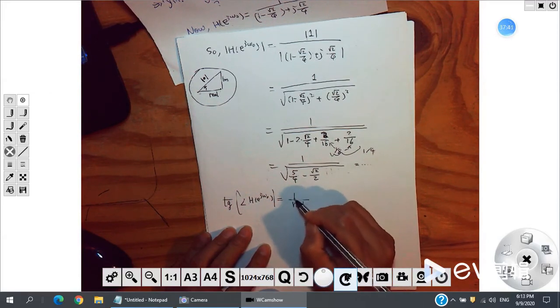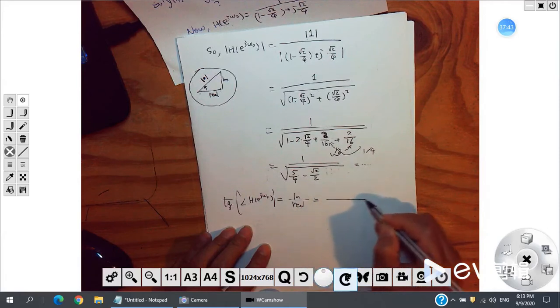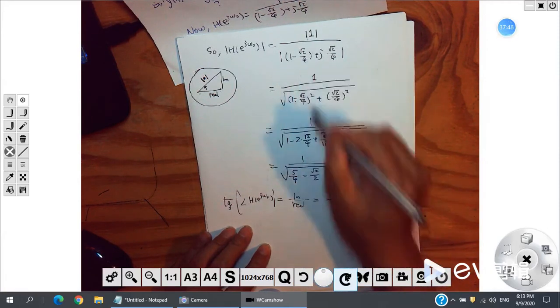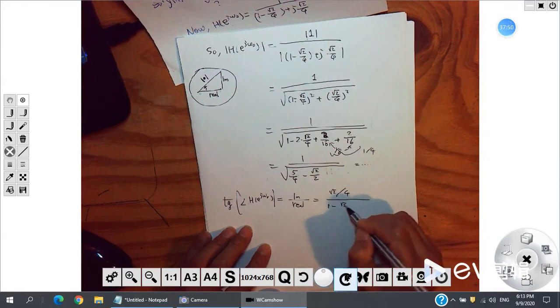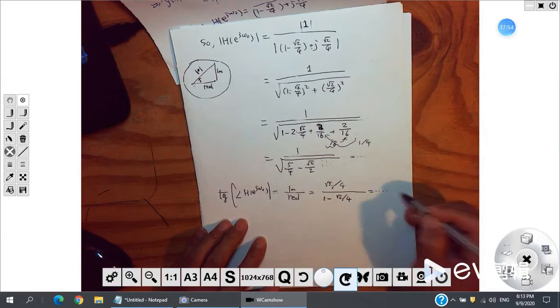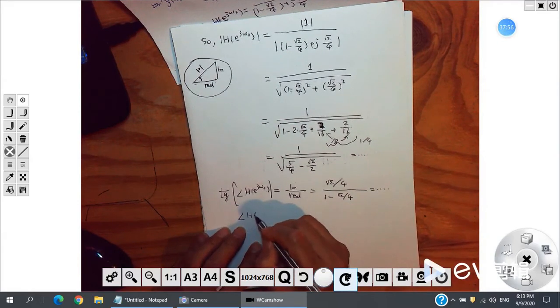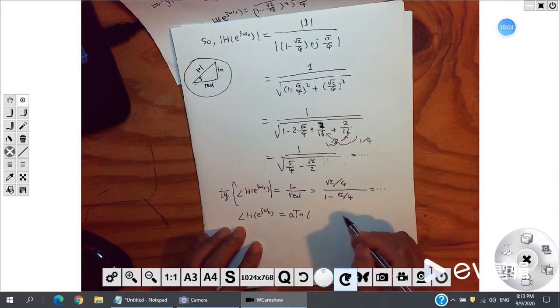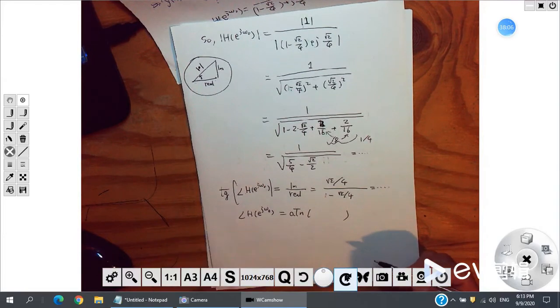The imaginary part is square root 2 over 4, and the real part is 1 minus square root 2 over 4. Now you can get some value, and then the angle will be the arctangent of this number. Here I have to use a calculator or computer to do it.